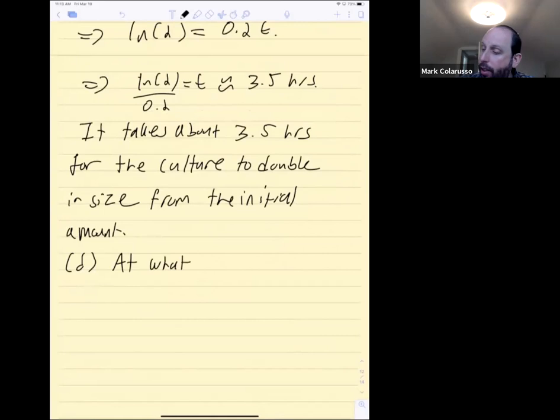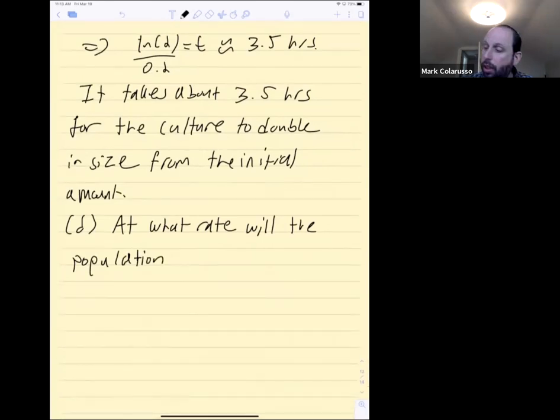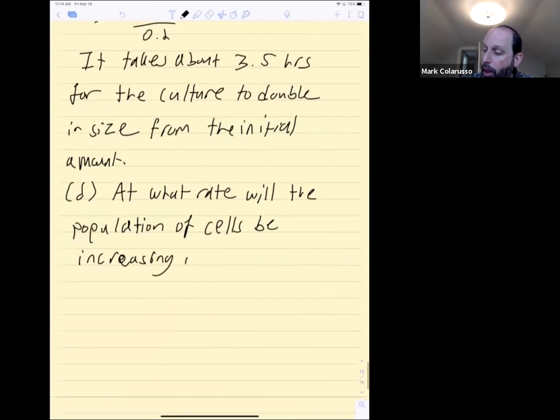At what rate will the population of cells be increasing when there are 100,000 cells present?